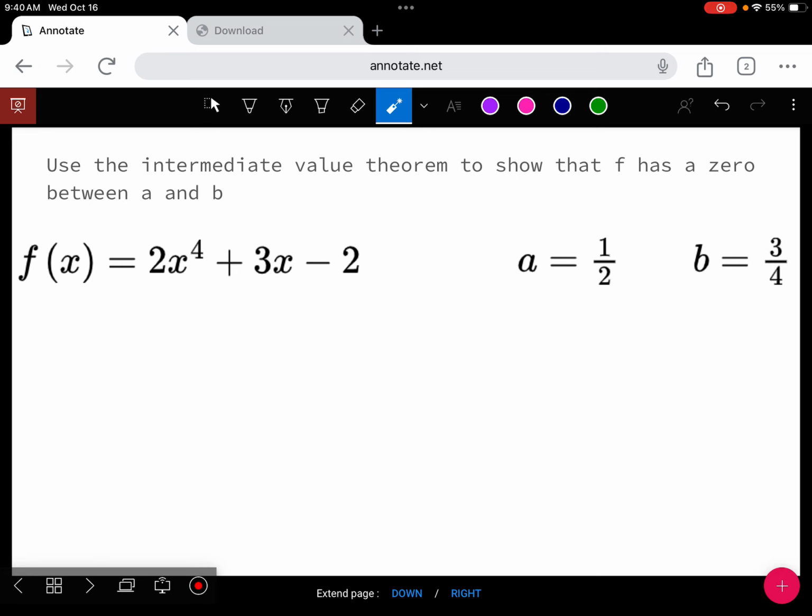So my f of x is 2x to the 4th plus 3x minus 2. And we're looking between 1/2 and 3/4. Now, aren't you extra glad you can use the calculator? So we're going to start by finding our f of a and our f of b.